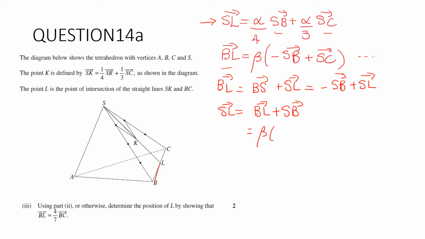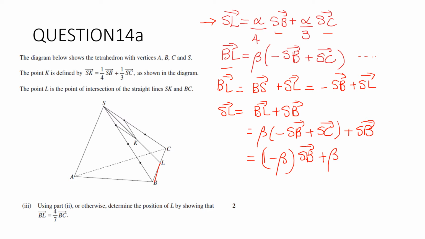That's beta negative SB plus SC plus SB. And collecting like terms, we've got 1 minus beta of SB plus beta SC. And that gives us our two equations. Here's the first one, and here's the second one.